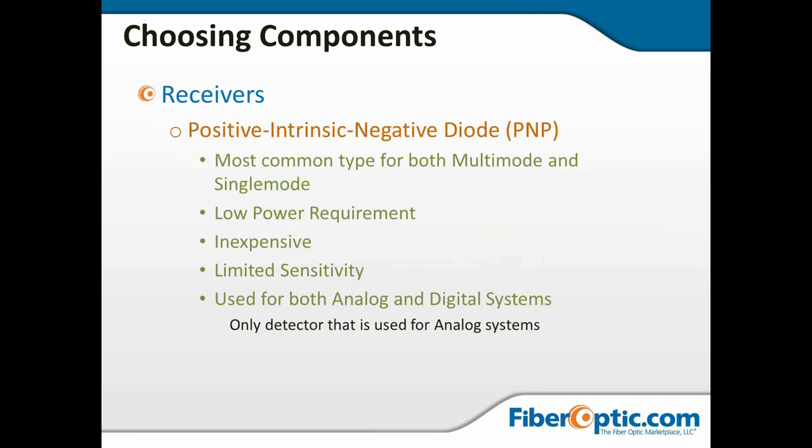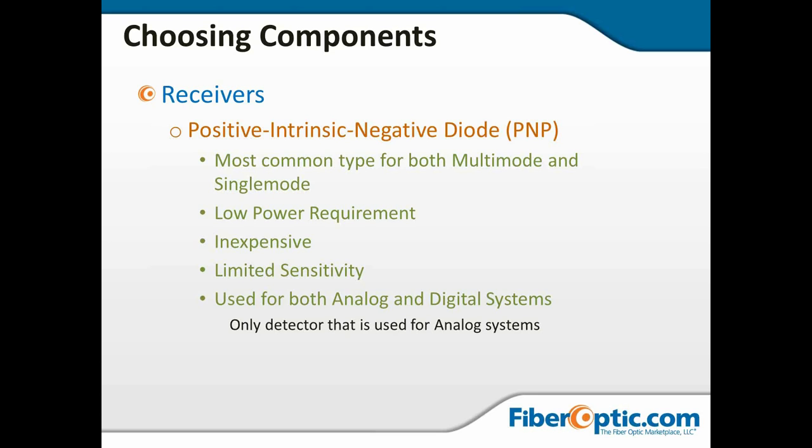Now, receivers. The most common type of receiver is going to be the PIN, or the positive intrinsic negative diode. It is, again, the most common, has a very low power requirement.